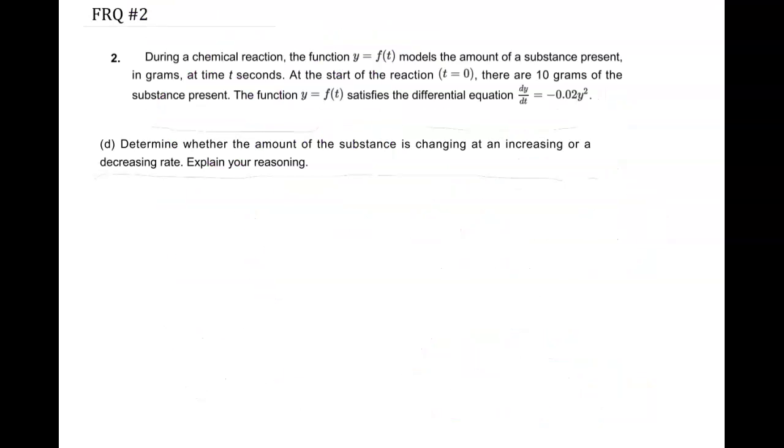Finally, for part D, we want to know whether the amount of the substance is changing at an increasing or a decreasing rate. Whenever I hear at an increasing or decreasing rate, I think acceleration. So in this case, we know dy/dt equals negative 0.02y squared. This is like our velocity. So this is our rate of change. But now the rate of change of the rate of change, we take the second derivative.